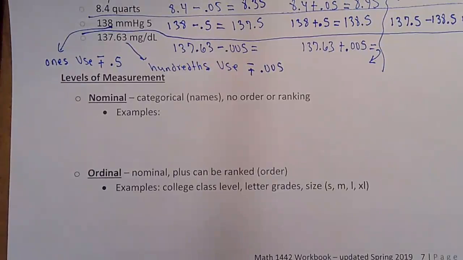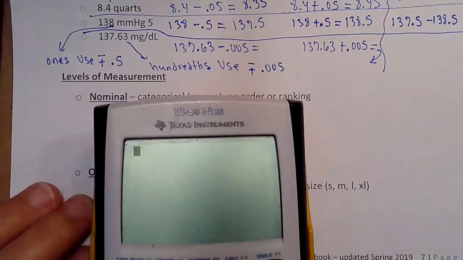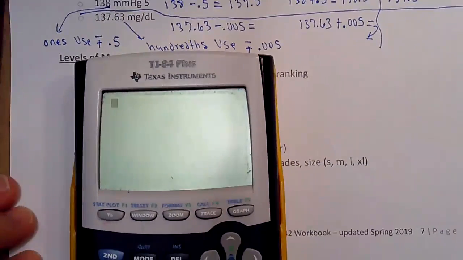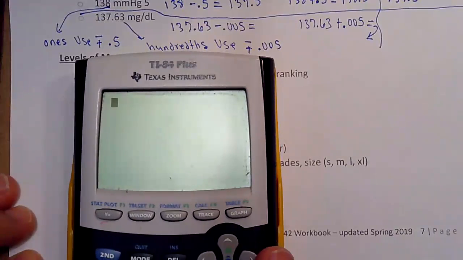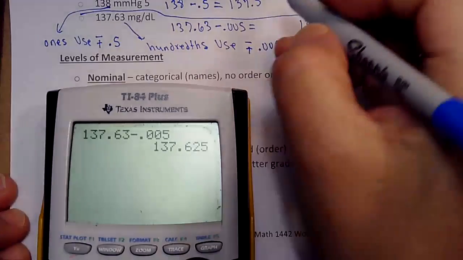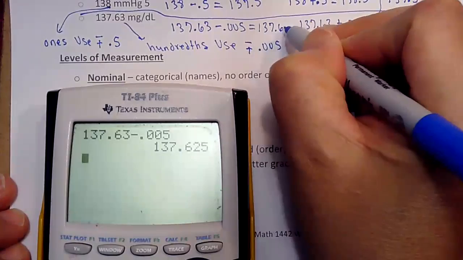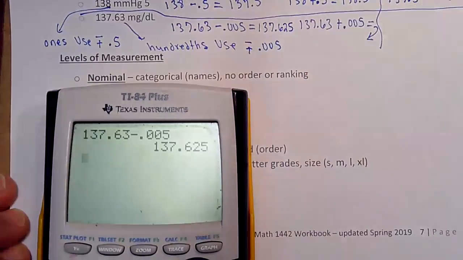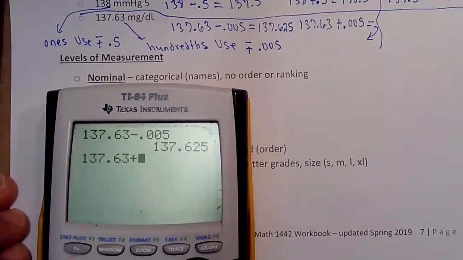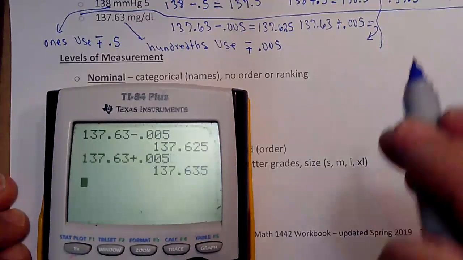Okay, so if I subtract, let me go back and subtract this then. So I have 137.63 minus 0.005. And then 137.63 plus 0.005.